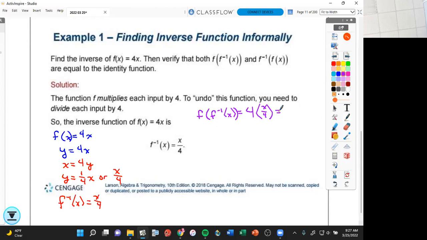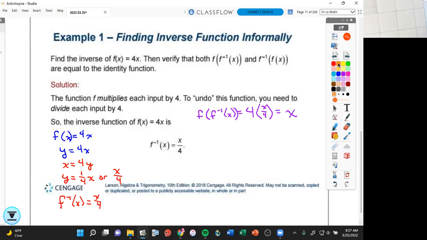What happens when you take 4 times x over 4? The 4's cancel, leaving you with x. So going from this direction, does it look like our math is right? Does it look like it's an inverse? Yes, but you can't just check one. You have to check it both ways.